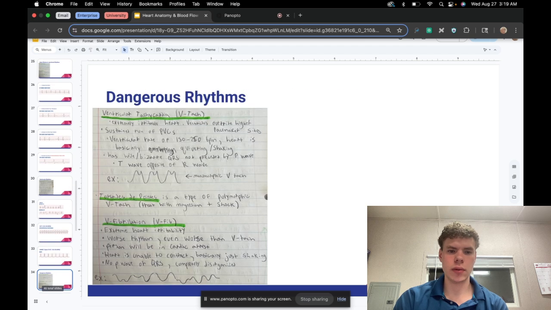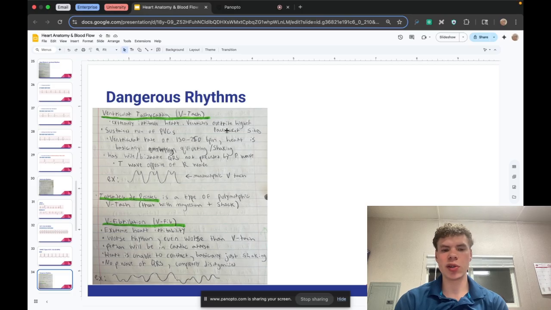All right, so dangerous rhythms. Now getting into our lethal rhythms is ventricular tachycardia. Extremely irritable heart. The ventricles override. Sustained run of PVCs. Ventricular rate is 100 to 250 beats per minute.